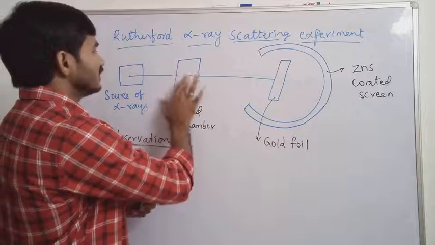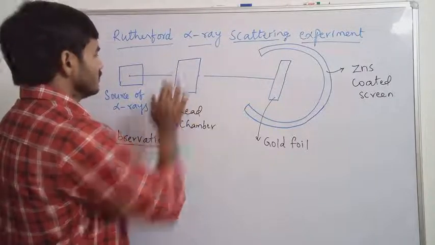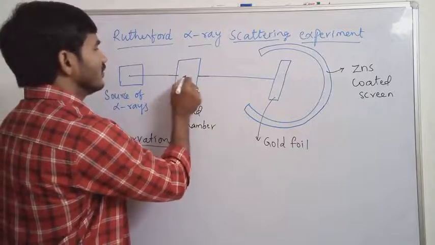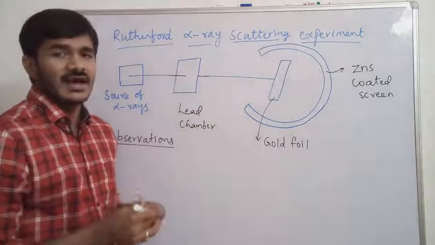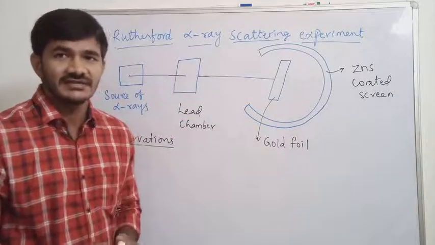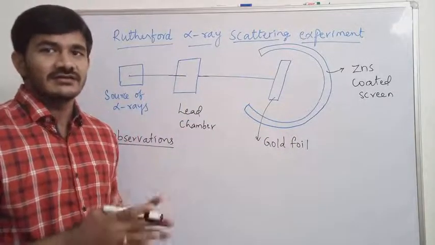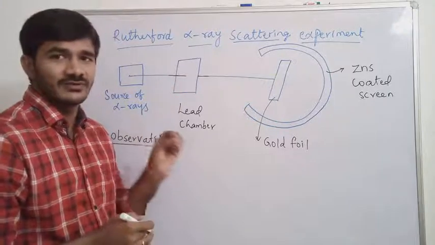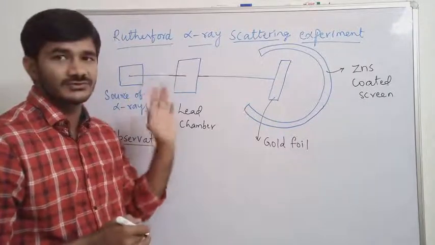Particles cannot penetrate through the lead chamber, so only a small hole will be there. Through that small hole, alpha particles are passed.